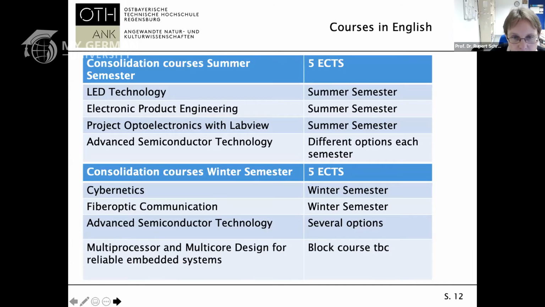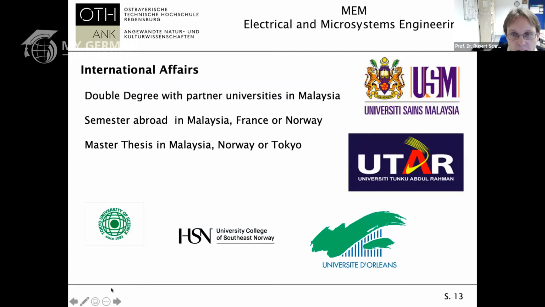So Gudrun, maybe go to the next slide. I think it's also special for our program. We don't only offer this program in English, but we also have a lot of international partnerships and double degrees. So a great amount of our international students are not directly starting at our university, but they come in an exchange from our partner universities, mostly in Malaysia.